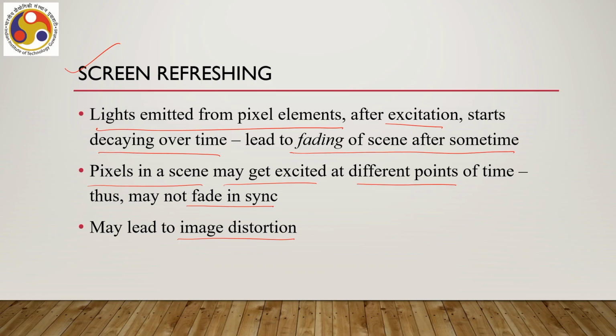So, excitation of the top left pixel is done much ahead of excitation of the bottom rightmost pixel. By the time the bottom rightmost pixel is excited, the top left pixel may start decaying, and this may happen with other pixels as well. So, the image that we finally see may not appear uniform and may appear distorted. That is another issue with this decaying.